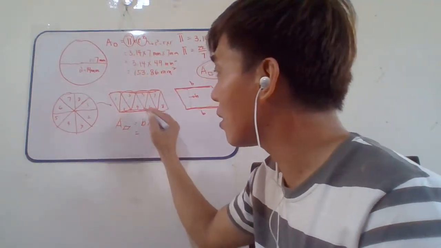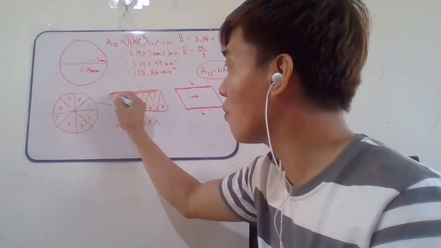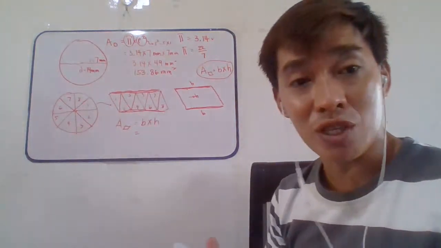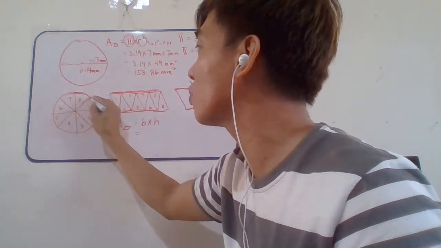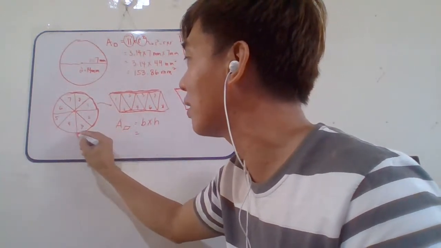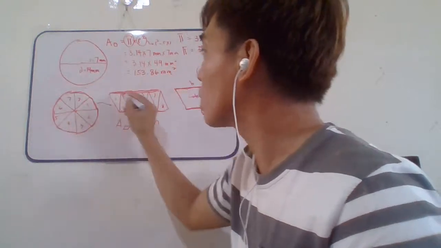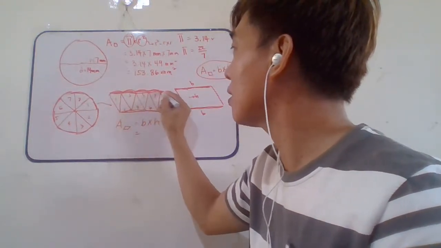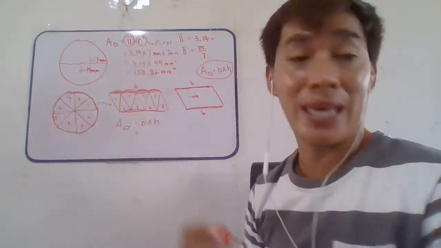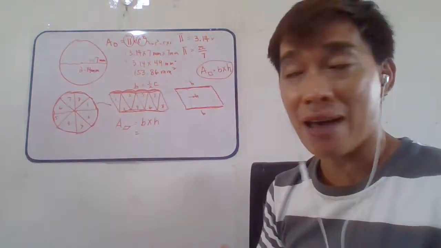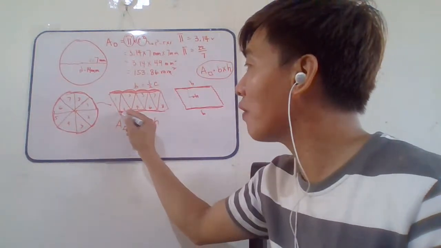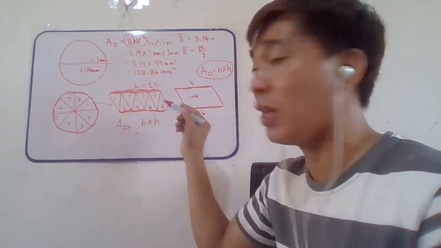If you notice here, our base is just half of the circumference. Remember, this one, this one. The portions here are the base, which is half of the circumference. Why? Because the other half of the circumference is here below.